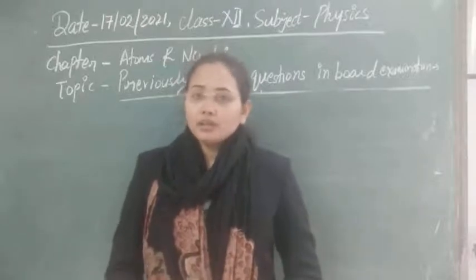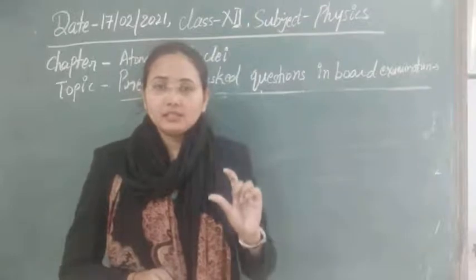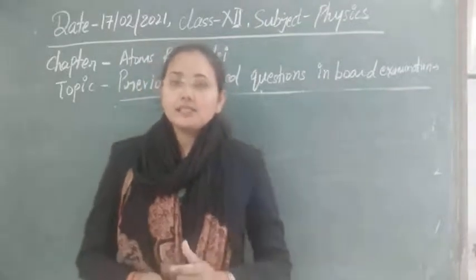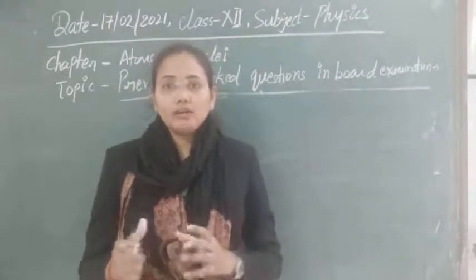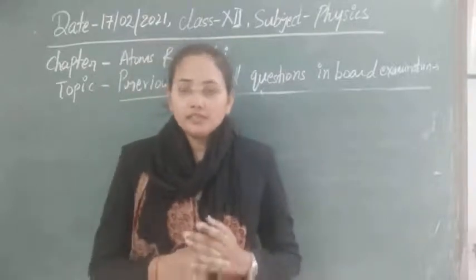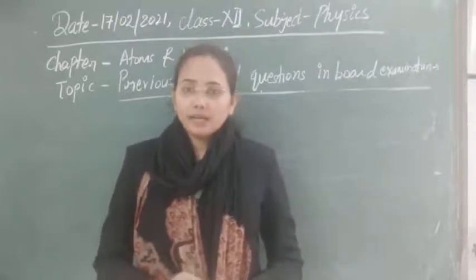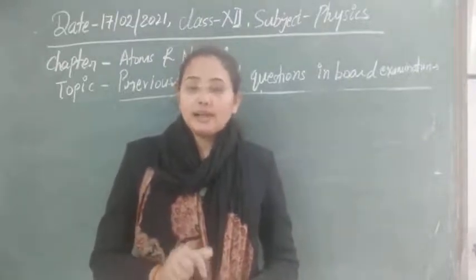But later, the important question that is asked here is: what are the discrepancies in the proton-electron concept? The first discrepancy is that to be in the nucleus, a particle should have greater energy.